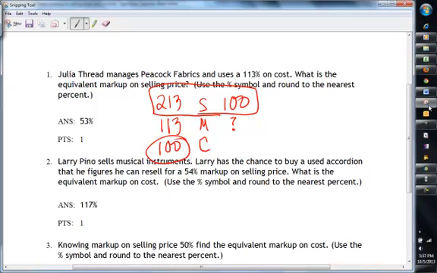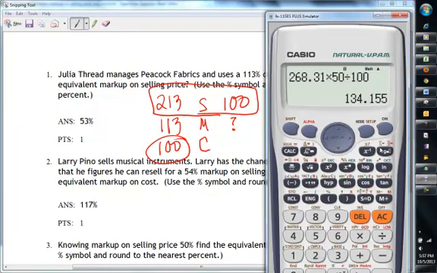So when we cross multiply and divide, we would take the 100 times, in this case, what's across from the 100 is the 113 divided by 213 gives us 53%, rounded to the nearest percent, it says.